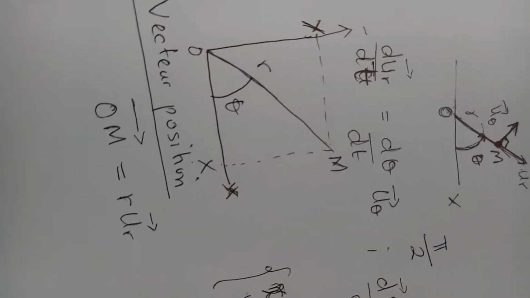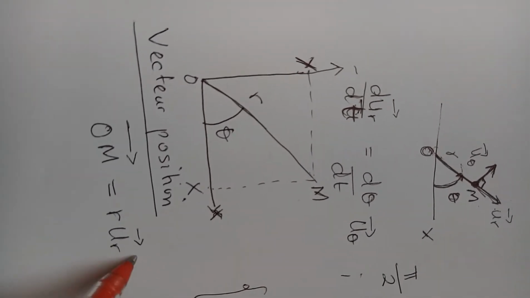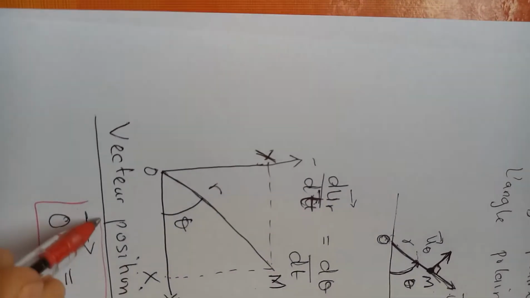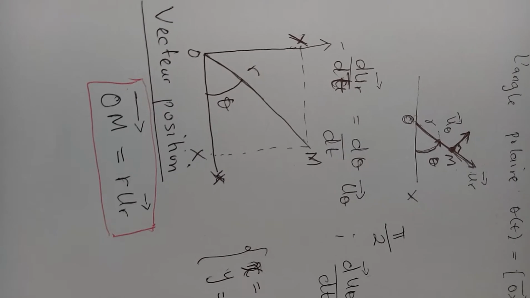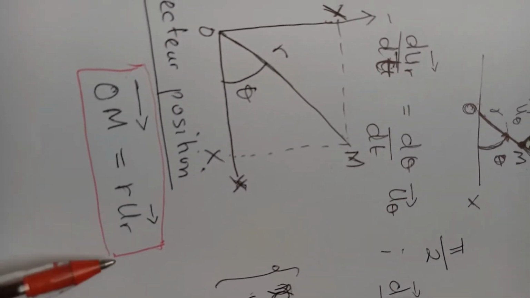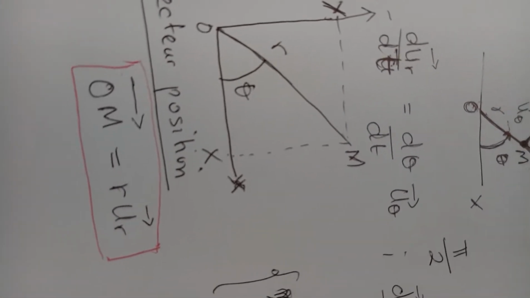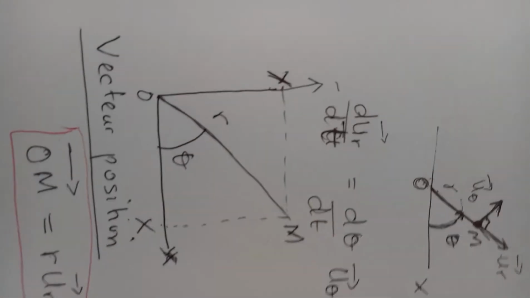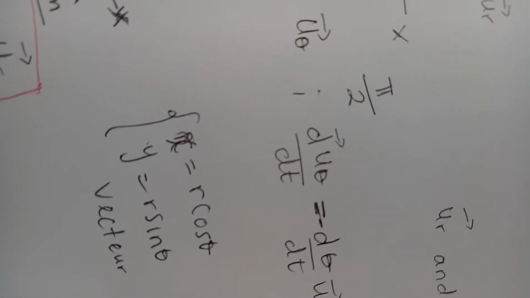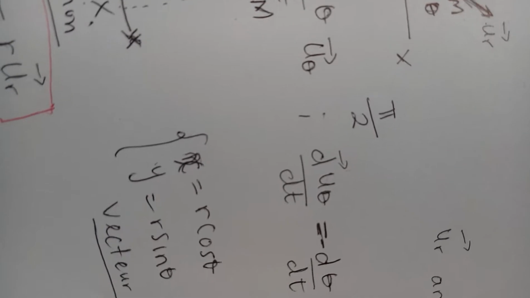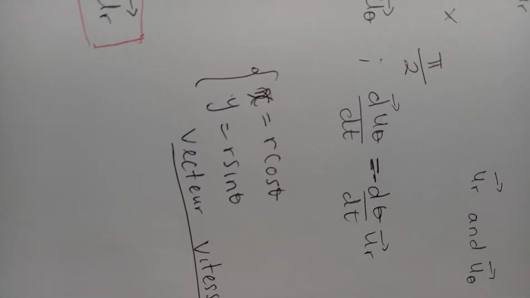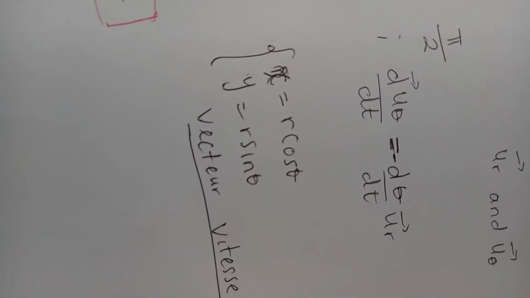So this is our definition of the position vector. OM is equal to r u_r, the unit vector. Now for the velocity vector, vitesse is velocity.